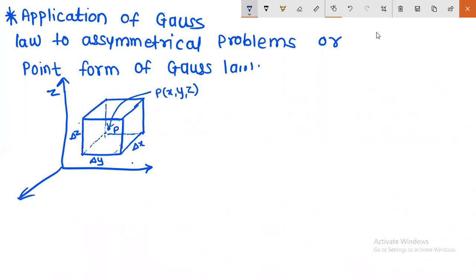Okay, now as we have considered the 6 sides, we have to write the equations one by one. Now consider only the front side.